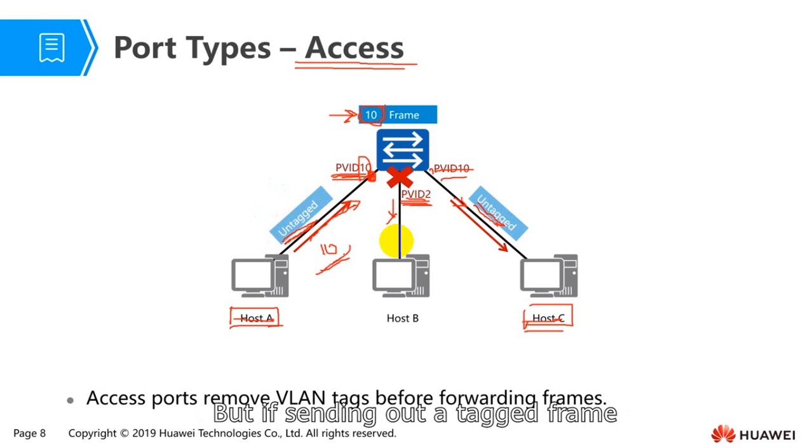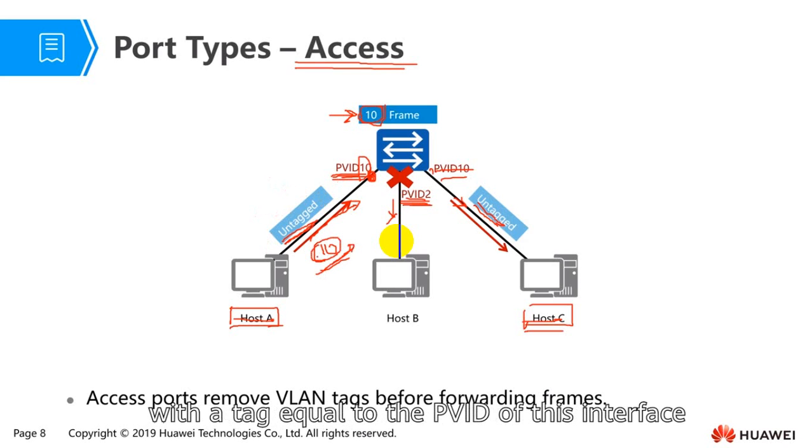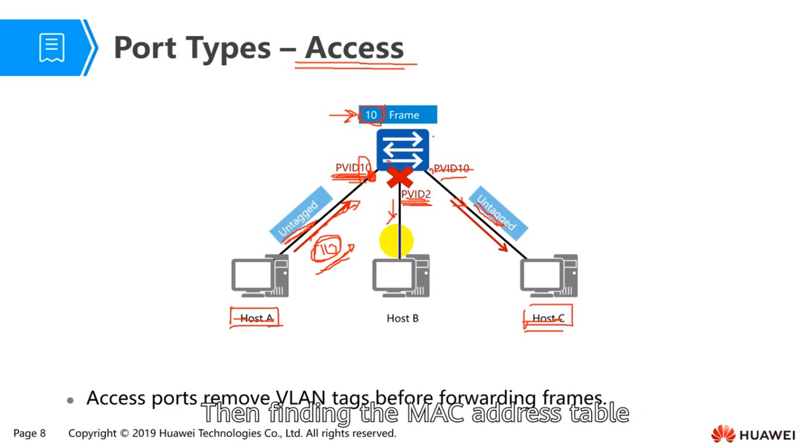But if a tagged frame arrives with the tag equal to the PVID of this interface, this frame will be received by the switch, and then it finds the MAC address table, then sends out. Okay, this is the access interface.